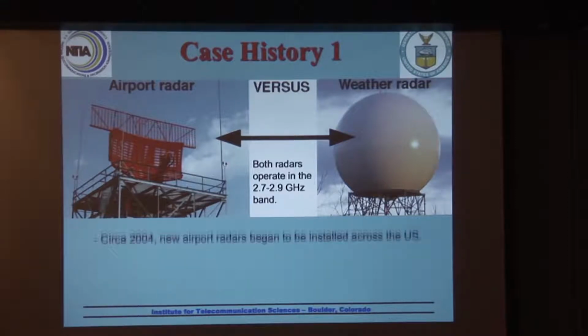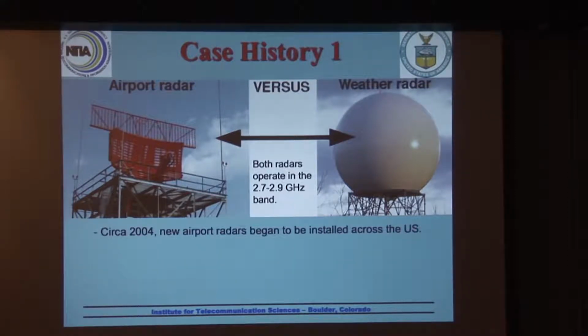Years ago, not that many years ago, a few years ago, a new class of airport air traffic control air surveillance radars began to be installed at locations across the United States.